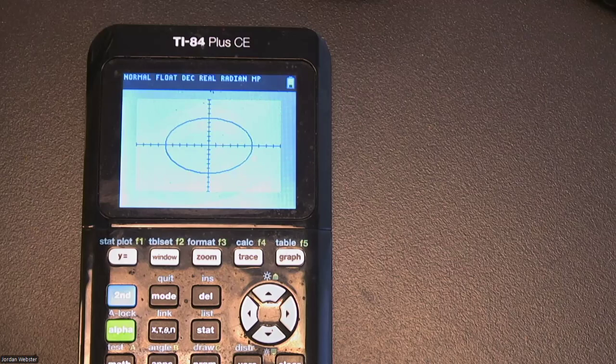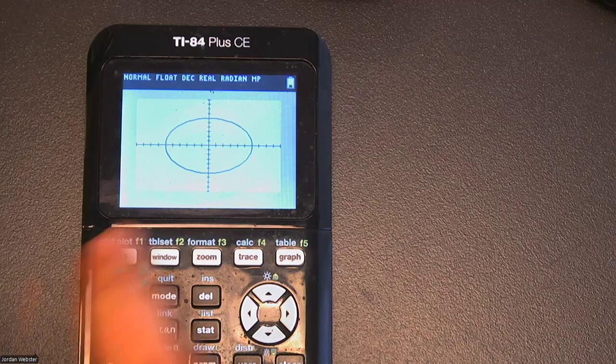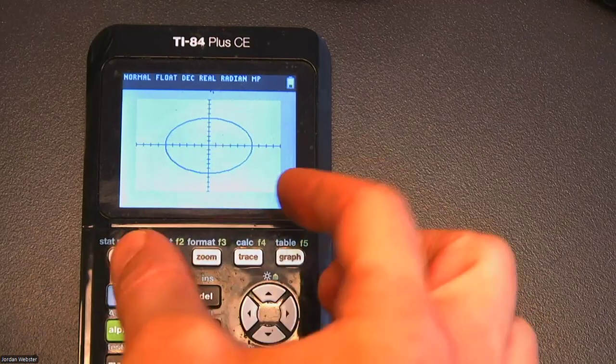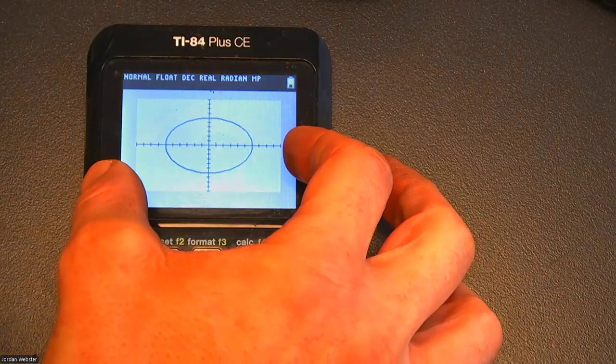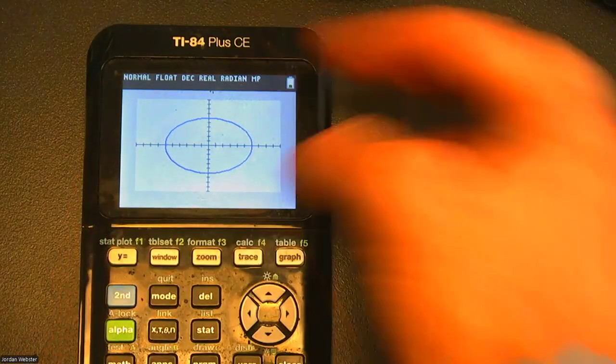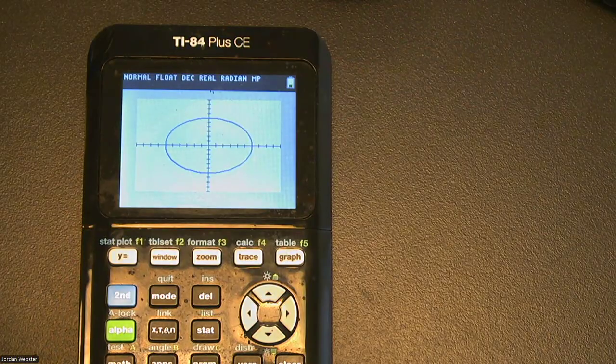But I want you to notice, because you're using a screen that is longer than it is tall, my circle has been stretched out a little bit, all right? So it's not a perfect circular shape because of the way the screen works. It's longer than it is tall. Does that make sense?